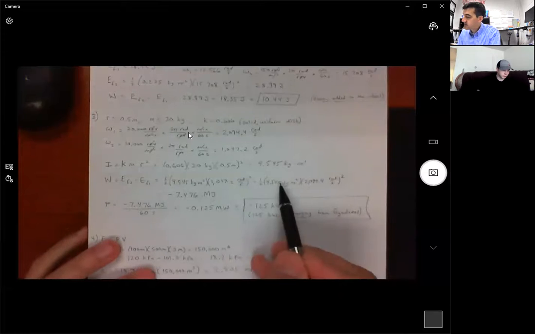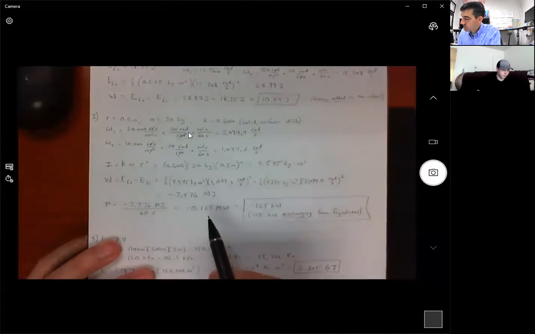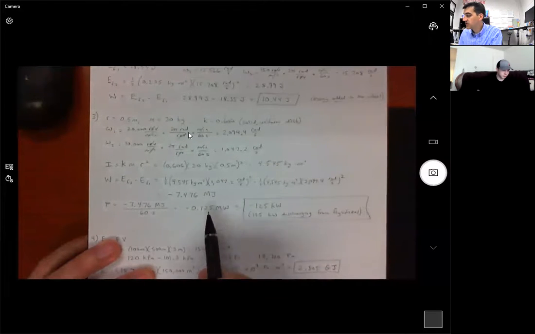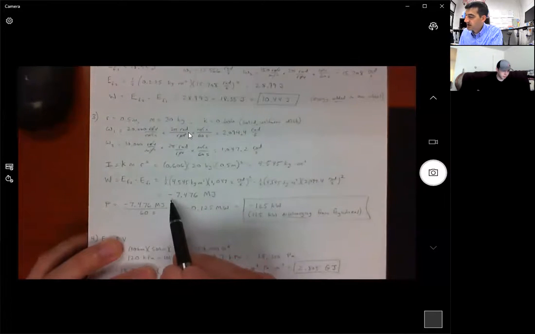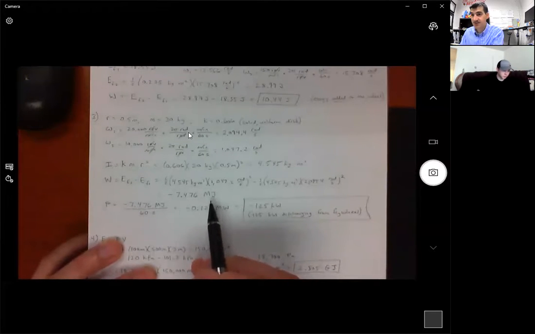So when we do this calculation, we're going to get kilograms times meters squared divided by seconds squared. And if you do the calculation, you're going to get a pretty big number. So you can do some conversion into megajoules, which is 1,000,000 joules. So it's going to be negative 7.476 megajoules. That's the amount of work that it did.